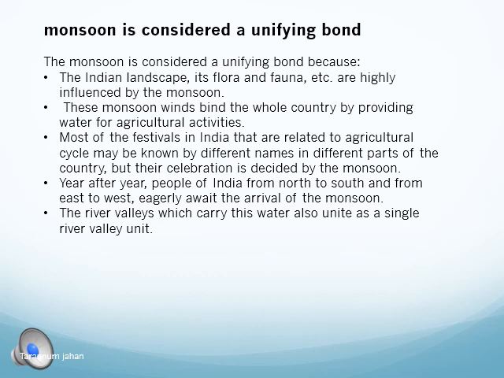According to the monsoon, we have the vegetation. According to the vegetation, we have the animals over there. We cannot say that in Rajasthan we have seen the polar bear. The polar bear needs a certain climate, and according to that climate, we'll find the polar bear over there. The Bengal tiger, according to the climate, will be found over there. Crocodiles, according to the season and the climate, will be found in that region.